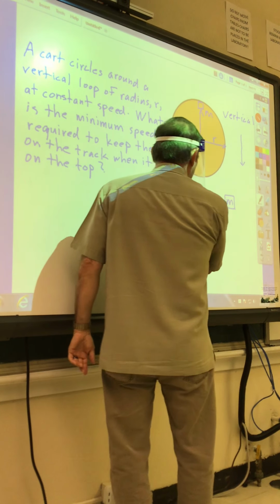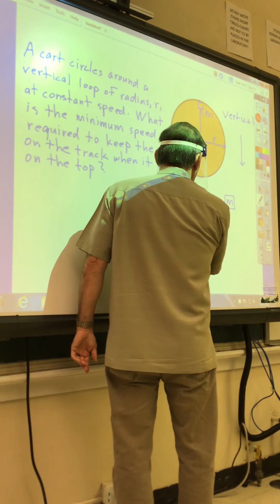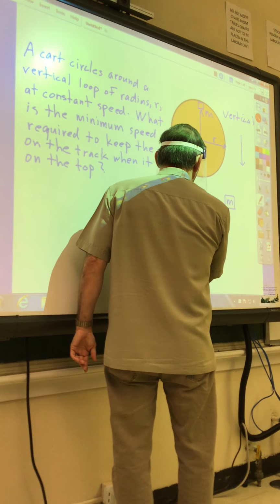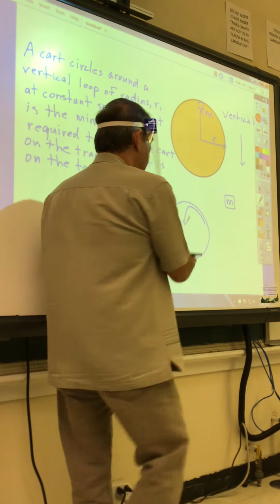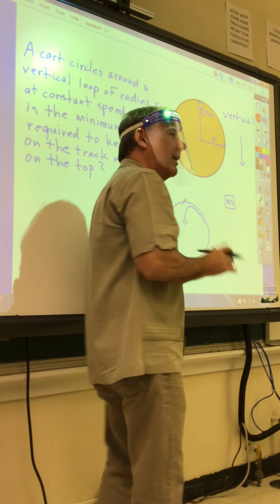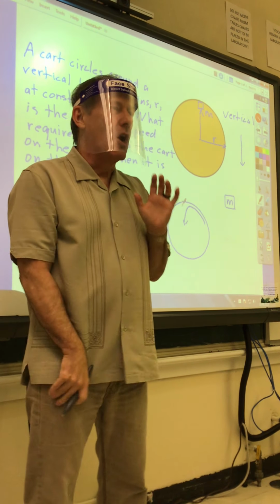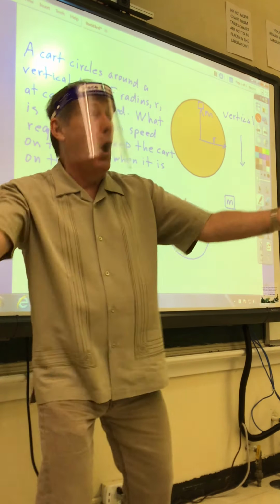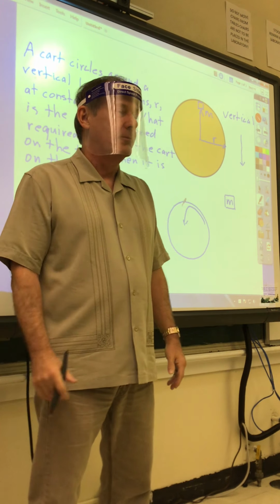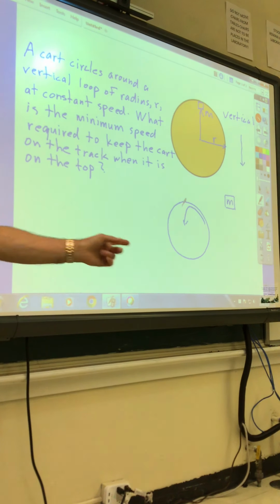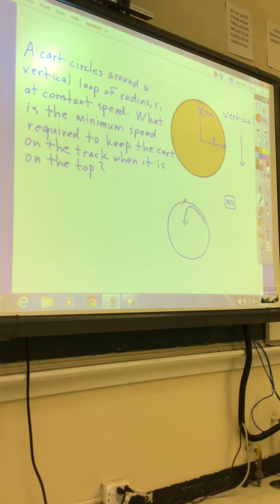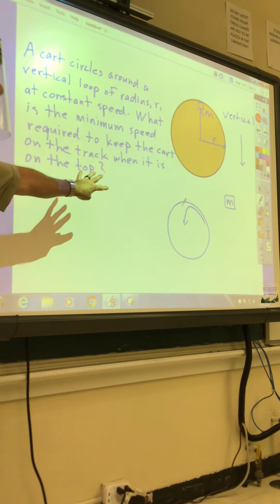So what we don't want it to do is come up here and then fall down. We want it to stay on the track, but it barely stays on. If it goes an iota slower, then it falls. It's kind of like Hot Wheels going around the loop, except in that case it does slow down when it goes up the loop and then speeds up. Here, it doesn't slow down or speed up.